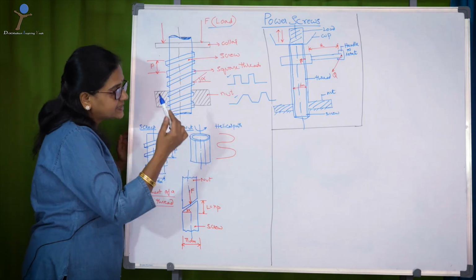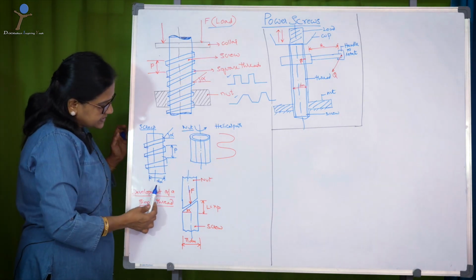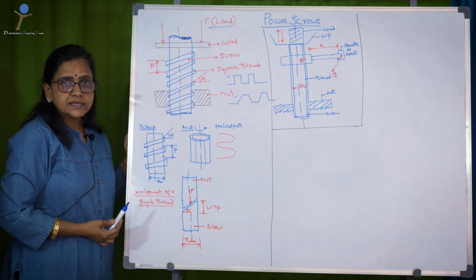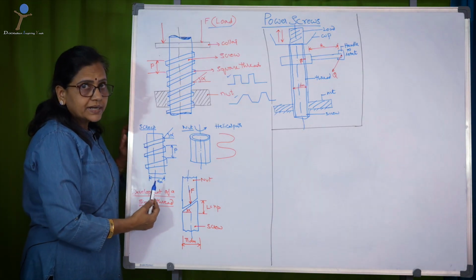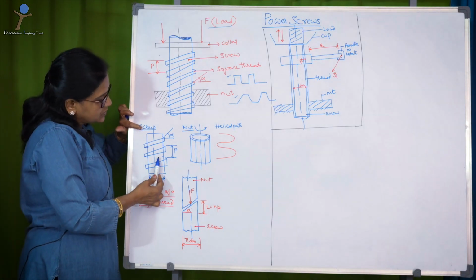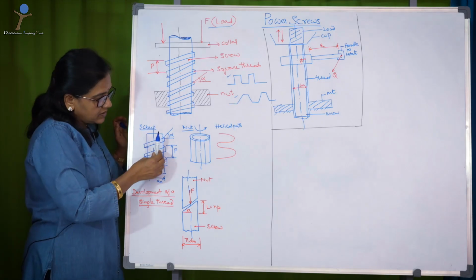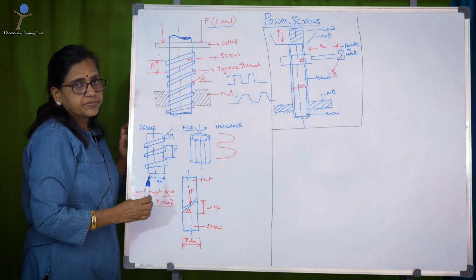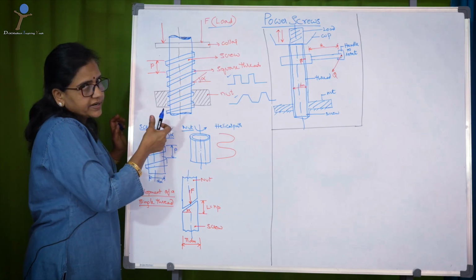So, it has an internal threading, this has an external threading. Now, this is inserted inside this screw, and when the nut is rotated, it slides on the screw, either upward direction or downward direction. If you rotate the nut clockwise, it may move in upward direction.